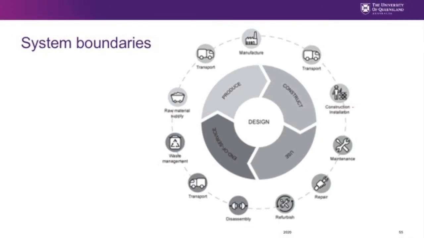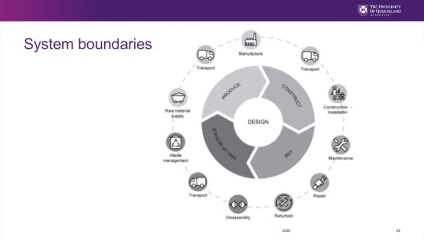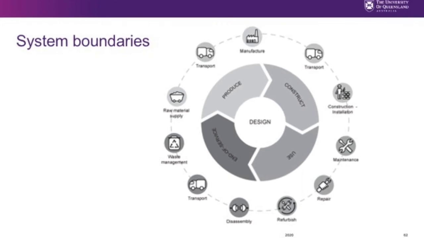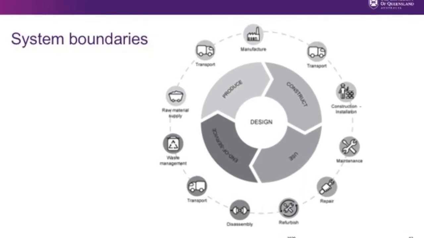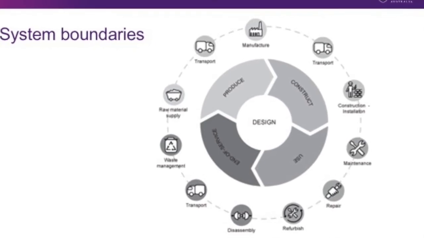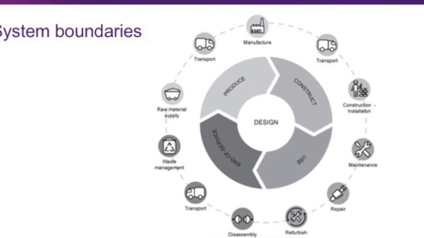And in this figure, what we can see is some of the things that need to be considered on each step of this process. So we just discussed what is called system boundaries. When we define the goals and the scope in our LCA analysis, we need to say what the boundaries of the system are that we are analyzing.